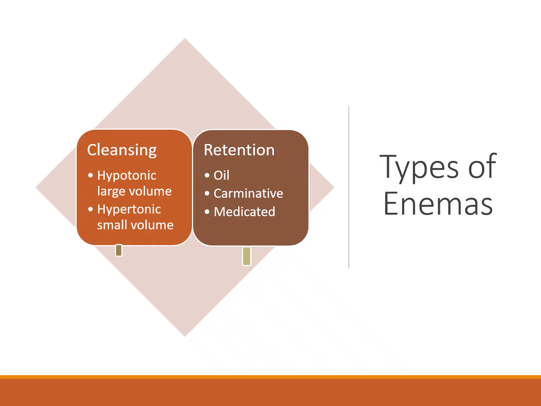The types of cleansing enemas are hypotonic, which is tap water, and isotonic, which is normal saline solutions. These are large volume enemas that result in rapid colon emptying.